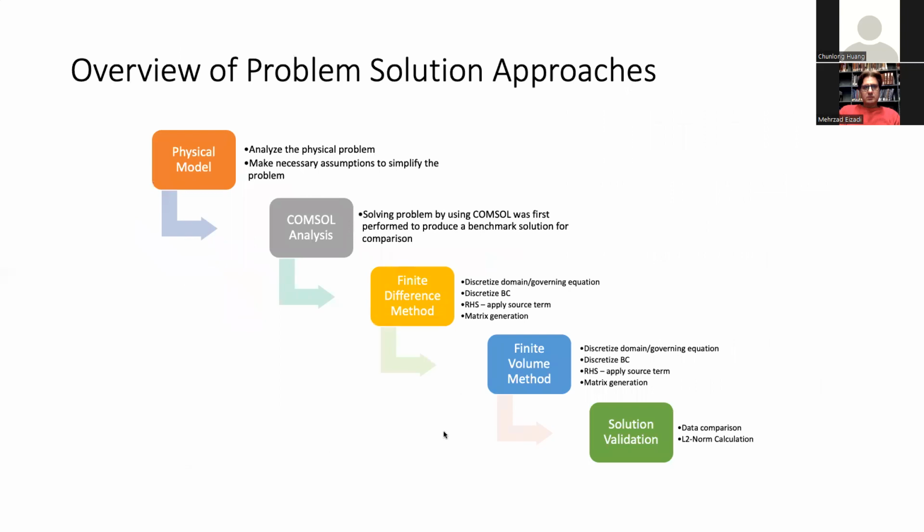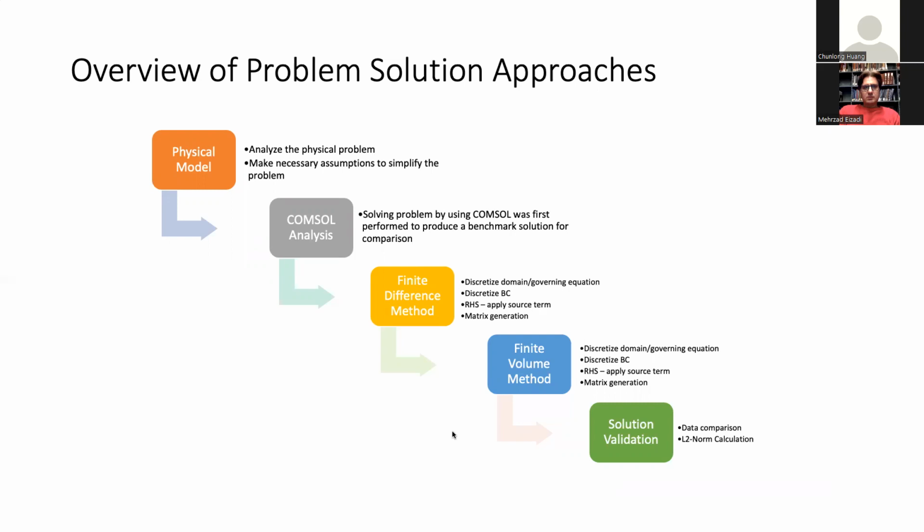In this slide, I just want to give an overview of the way we approach the problem. We first analyze the physical problem and make necessary assumptions to simplify the problem. And then we did the COMSOL solution first. We performed the COMSOL analysis to get the benchmark solution so we can compare with our numerical solution.